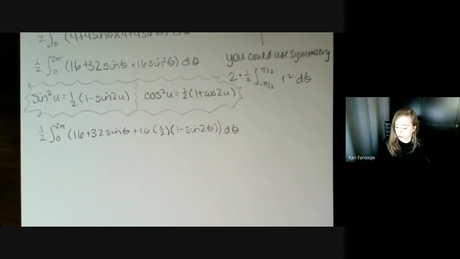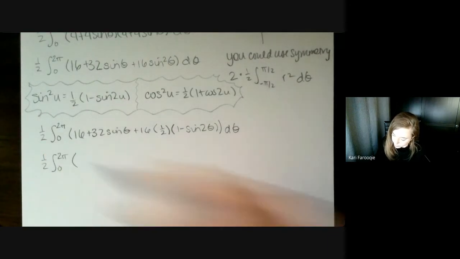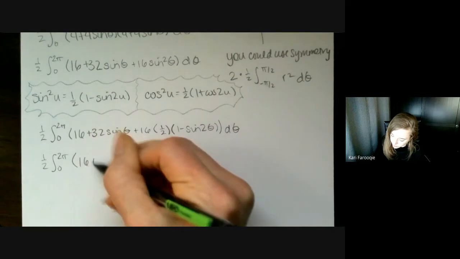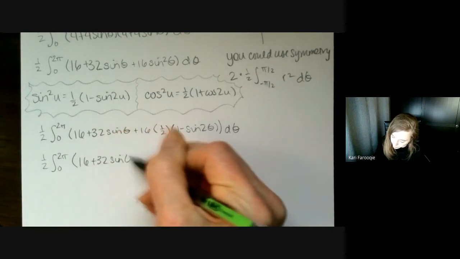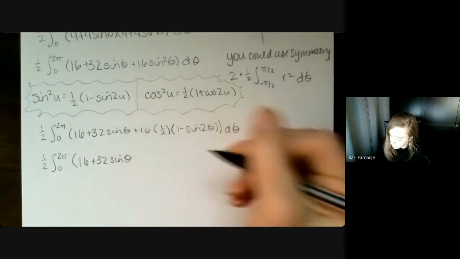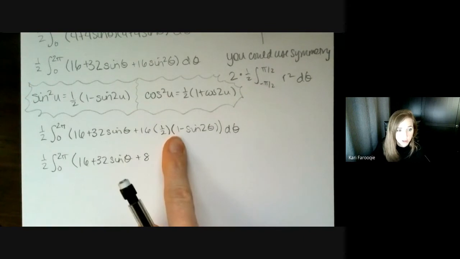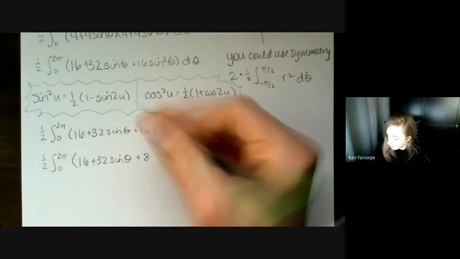I don't want to lose anything. So we have 16 plus 32 sine theta. 16 times 1/2 is 8. So we'll have plus 8. 8 times 1 is still 8. And then minus 8 sine 2 theta.